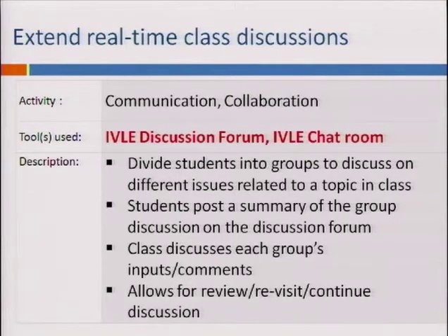And this again allows you to review and revisit. If, for example, you have another topic very related to the same topic, you can ask them to come back and continue the discussion using the same forum. So this is the important one: how do I have an activity? You need to not just tell them to go and discuss.